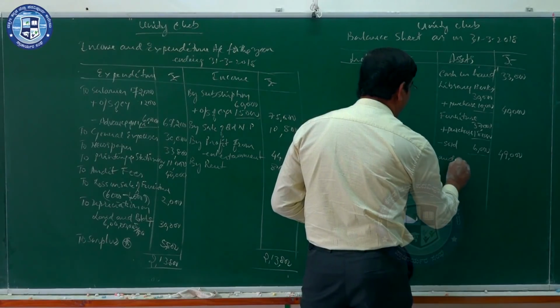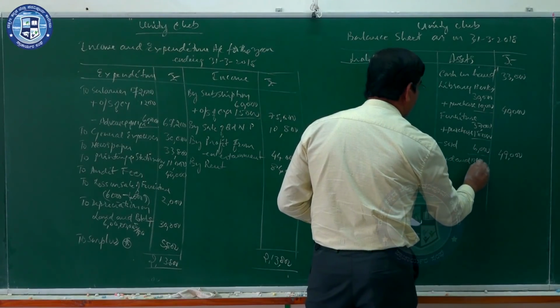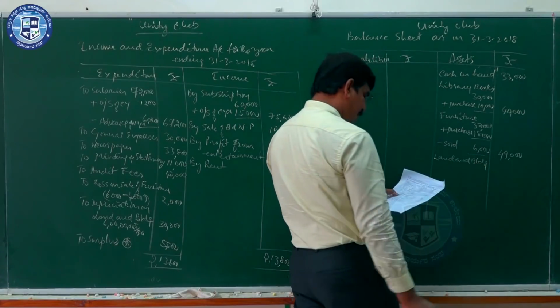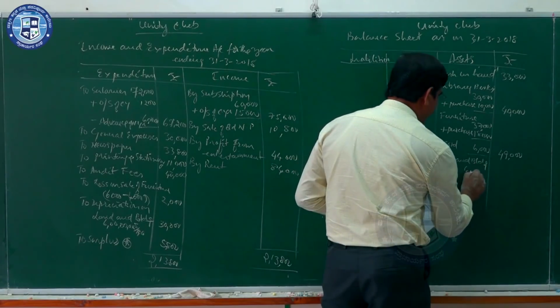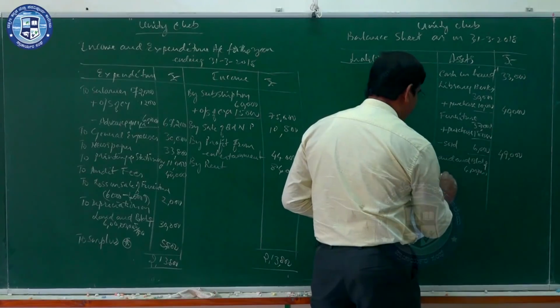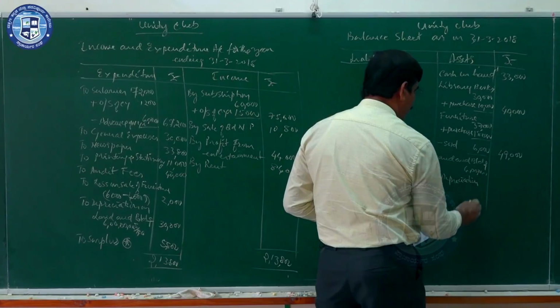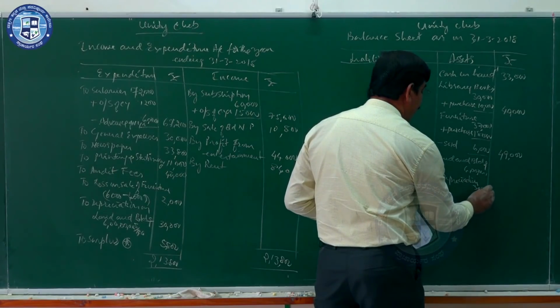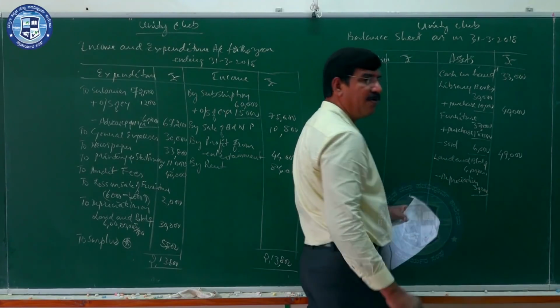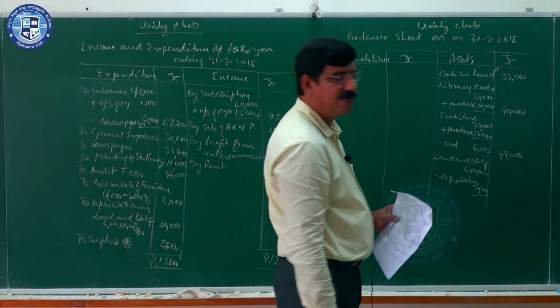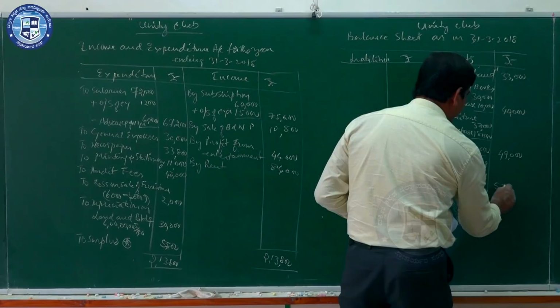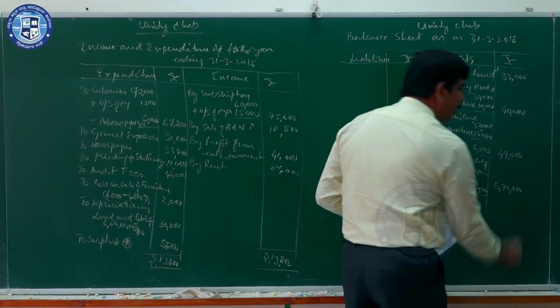Land and building, inner column 6 lakh minus depreciation. We have entered this amount in the income and expenditure account, 30,000. So the amount will become 5,70,000. Okay.